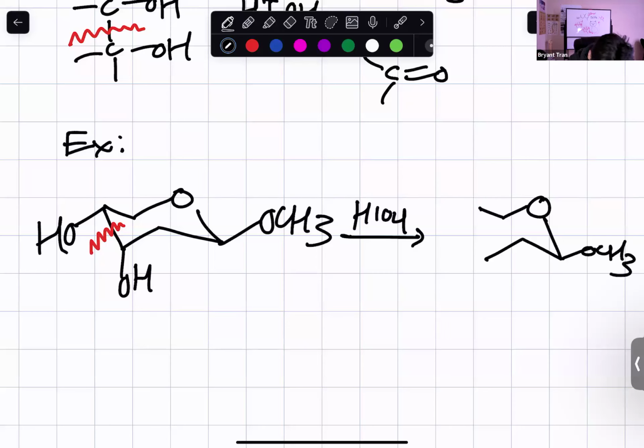Right. So I'm gonna color code these carbons holding alcohols in blue, which are these carbons right here, where those carbons right there are going to be the ones with the carbonyl. Right. So a carbonyl there and carbonyl there, like that.